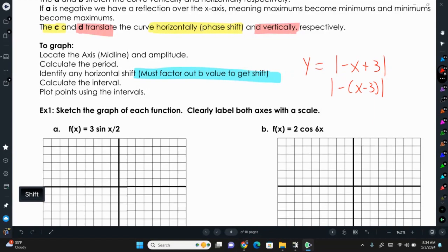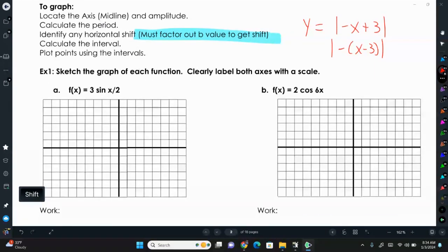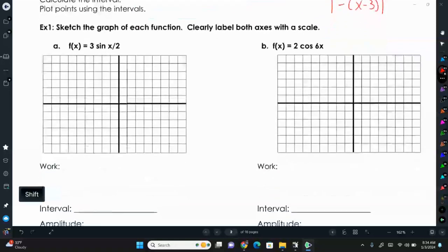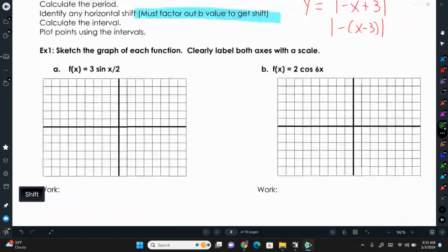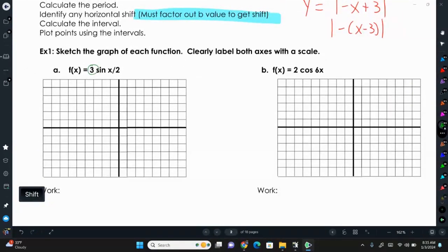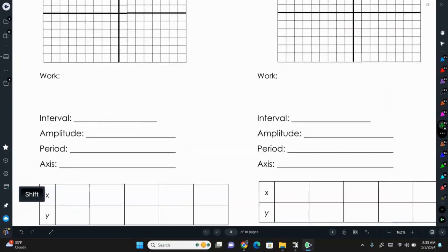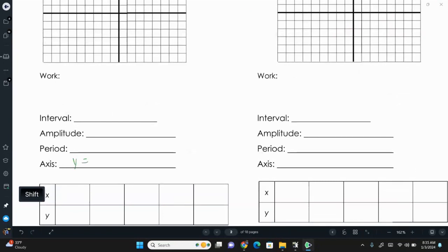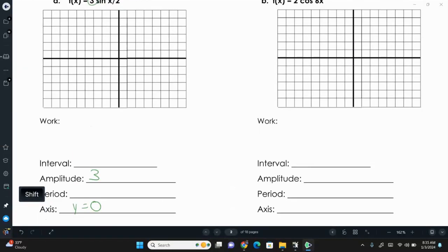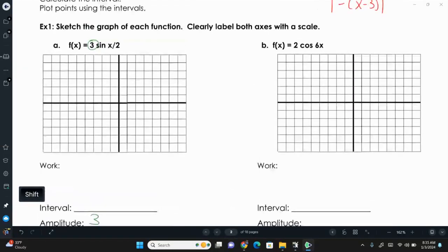So the first example, we have 3 sine of x over 2. So our amplitude is going to be the number in front, so 3. So y equals, amplitude is 3. Our midline is y equals 0 because we don't have any plus or minus out here or in front.